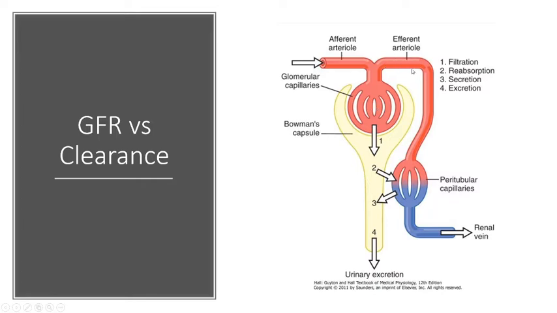If you increase resistance at the efferent arteriole, you'll increase the hydrostatic pressure in here, and it will push everything into the Bowman's capsule. So vasoconstriction here will increase GFR. Equally, if you put more blood in here and leave this the same, you will increase GFR, because you're putting more in, which increases the hydrostatic pressure, and therefore more goes across. So vasodilation of the afferent arteriole will also achieve that.